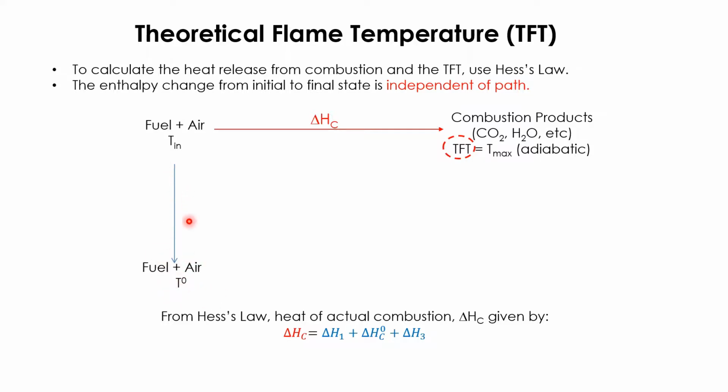This is step number one, delta H1. It is the integration from T inlet to the standard temperature of Cp average delta T. You bring it to this condition, and then we perform the combustion.